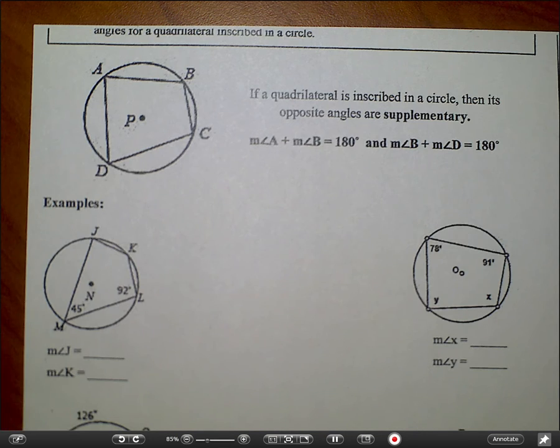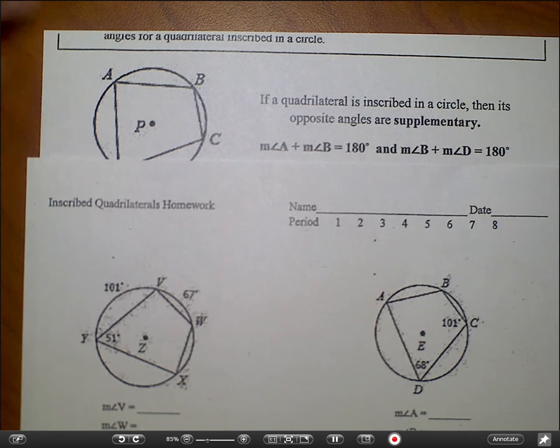So the title of this, which you guys are writing on your table of contents, is going to be Inscribed Quadrilaterals. It's the same as what you see right here.